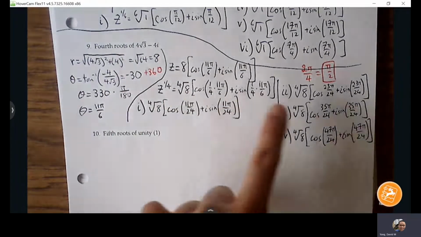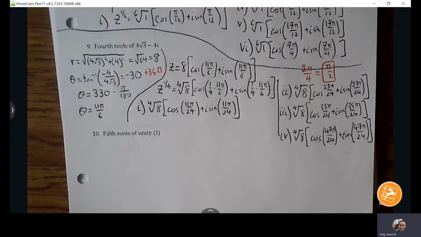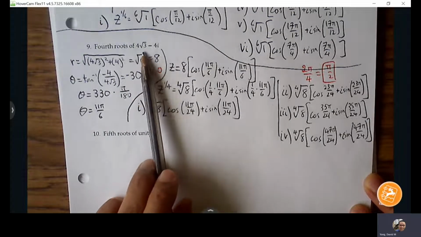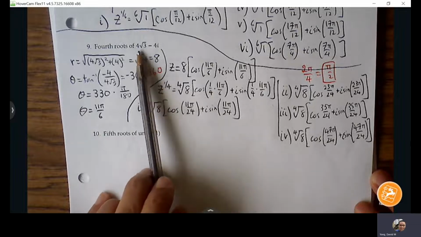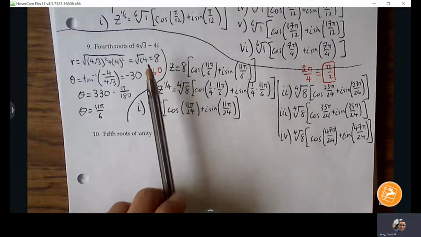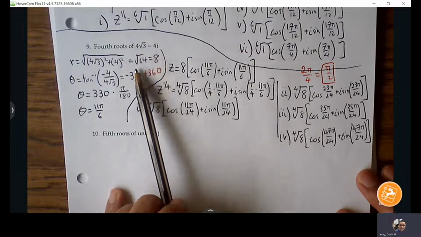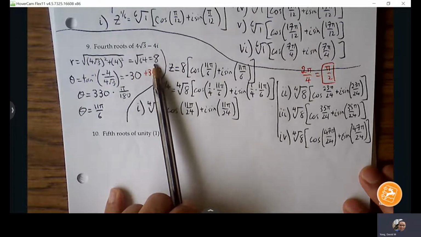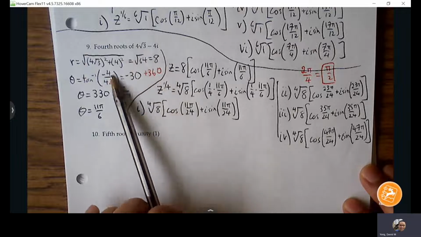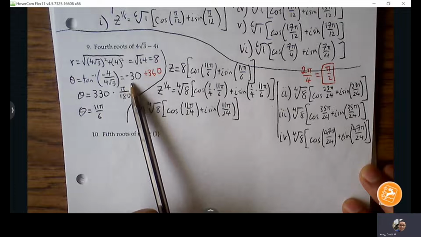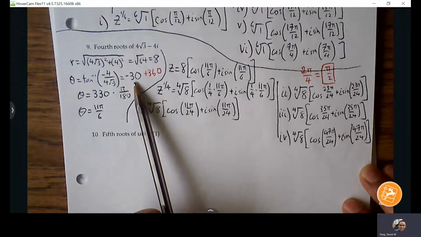So if you can turn to page 27, let's do number 10. But before we do number 10, let me run through the steps for number 4. So the fourth root of 4 root 3 minus 4i. The first thing we do is gather the radius and the theta, because we want r and theta to get into polar form. To get the radius, we do the Pythagorean theorem, square root of a squared plus b squared. You get 8. Theta is inverse tangent of b over a. Make sure you recognize which quadrant it's in.